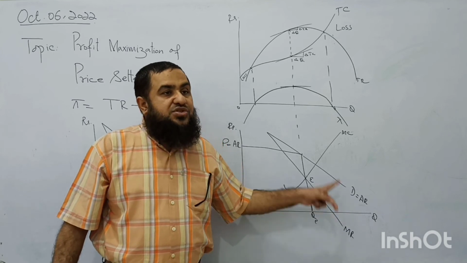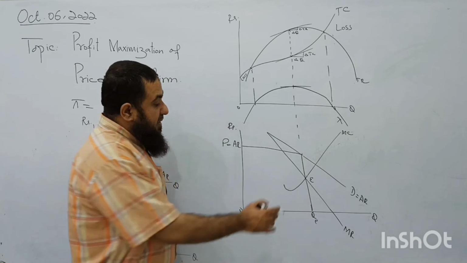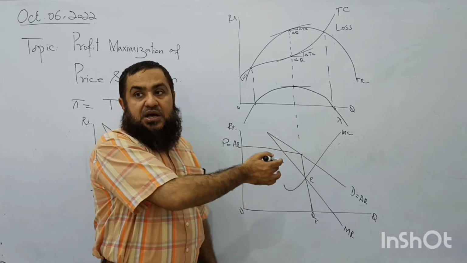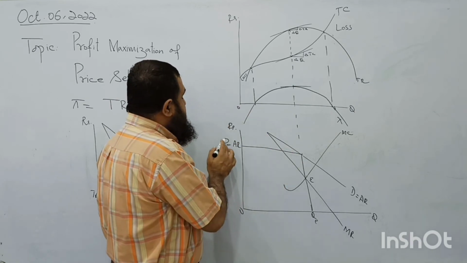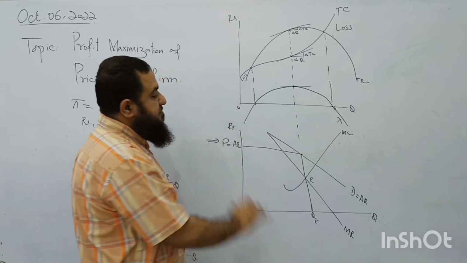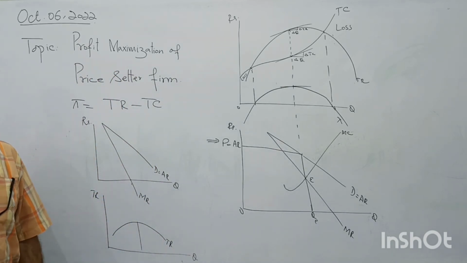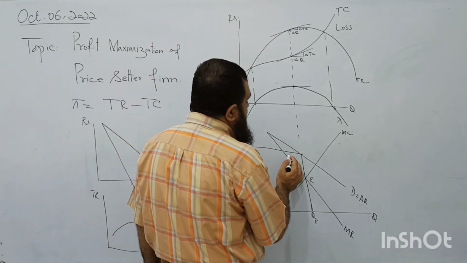The firm has to set the price along the demand curve. So from here, the firm will go up to the demand curve where it will see which price it has to set. Clear?